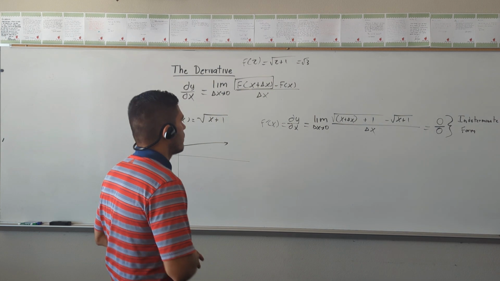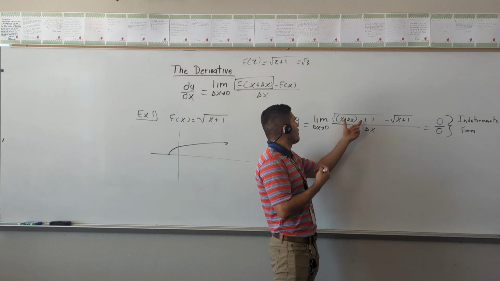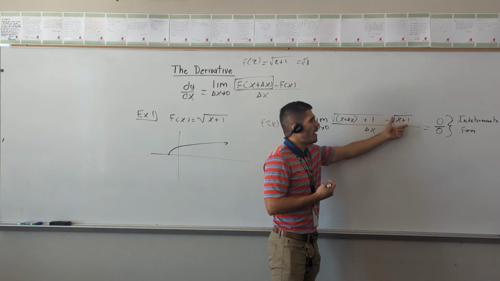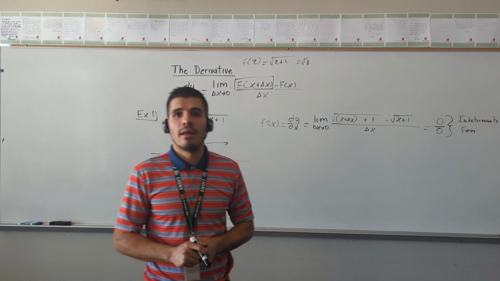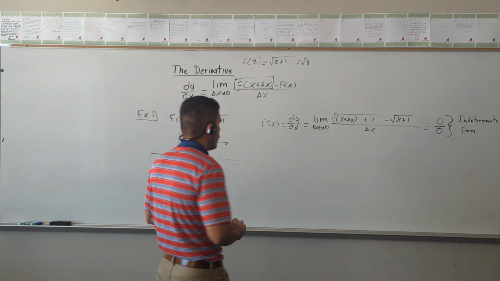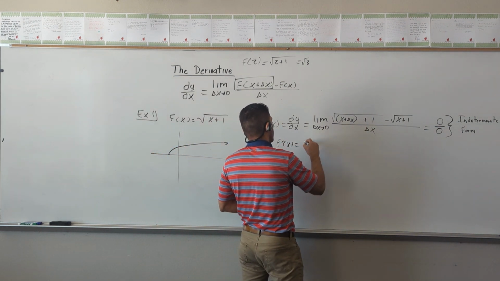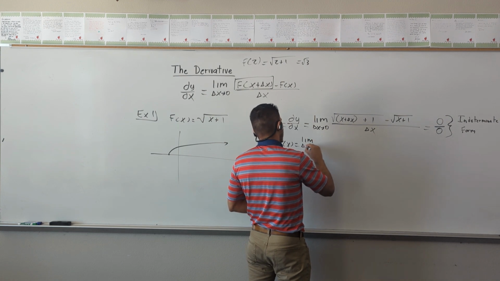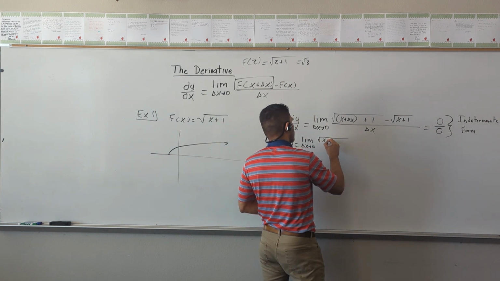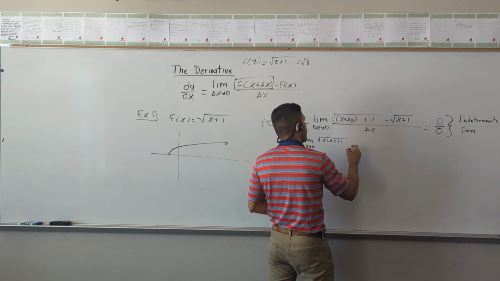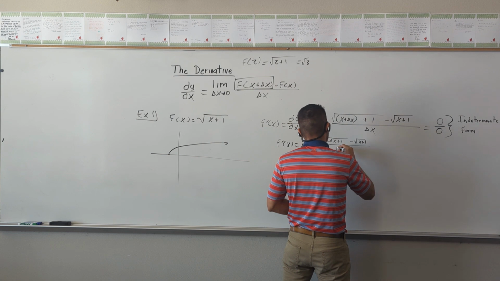All right, so I'm looking at this. I'm remembering from my techniques of limits that if I have a binomial with roots, one of my possibilities that I could attempt would be the conjugate. So that's what I'm going to do. All right, so I'm going to say f prime is equal to the limit as delta x approaches 0 of the square root of x plus delta x plus 1 minus the square root of x plus 1 over delta x.